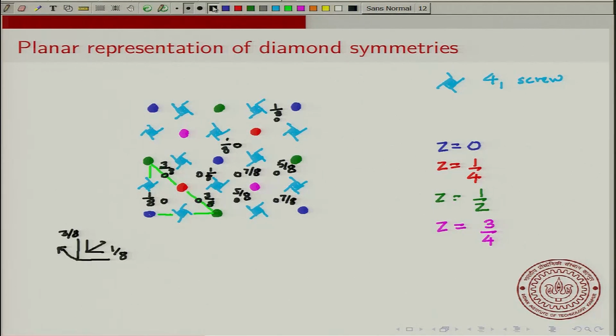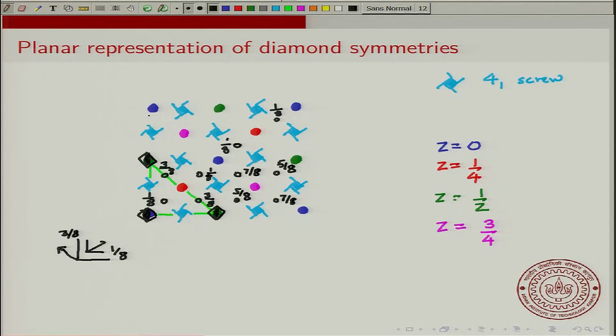So this atom has a four-fold roto inversion axis that is shown this way. Similarly, there will be a four-fold roto inversion axis at this point, and at this point. Similarly you can show that it will be at all these other points, but I am not bothering to show the remaining points.